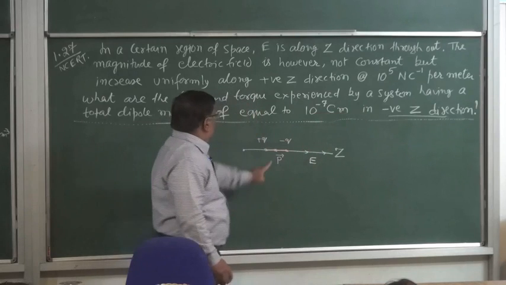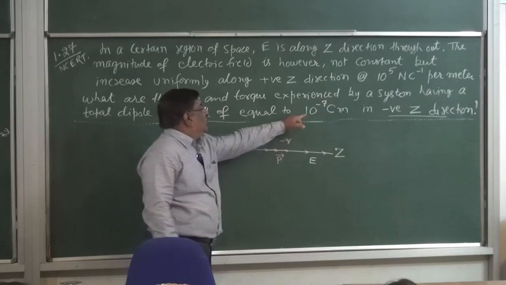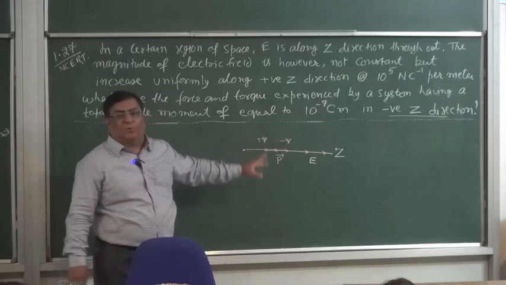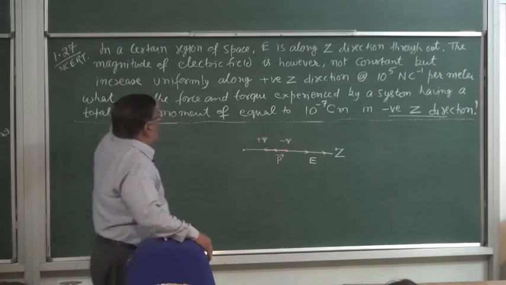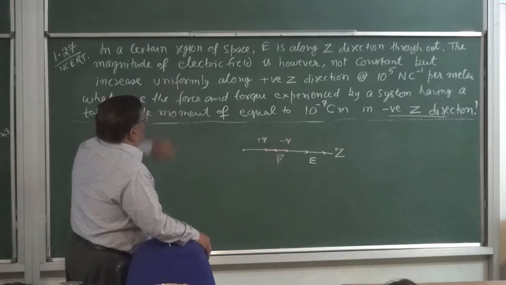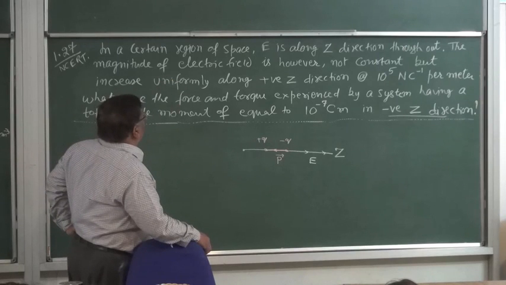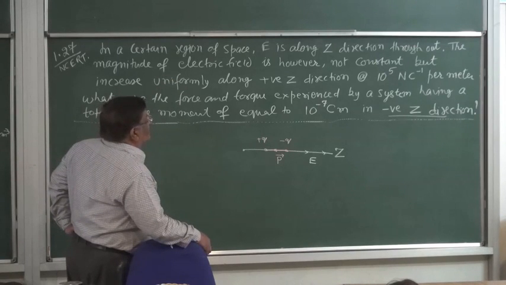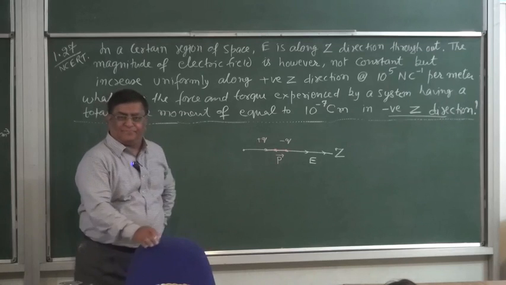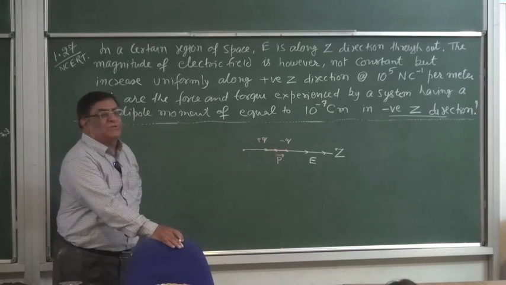Negative Z direction. What is the value of P? The magnitude is 10 to the power minus 7 coulomb meter. Okay. What we are supposed to find out? The force and torque. How do we find force and torque?